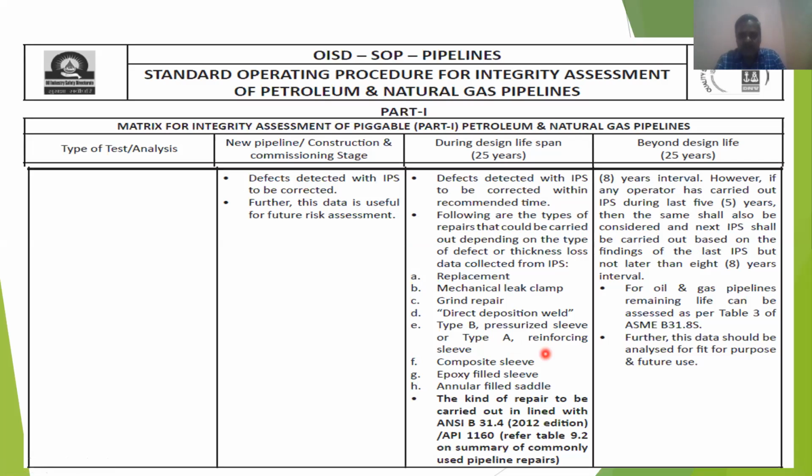The kind of repair to be carried out is in line with ANSI B31.4 and API 1160. Refer to table 9.2 on summary of commonly used pipeline repairs.